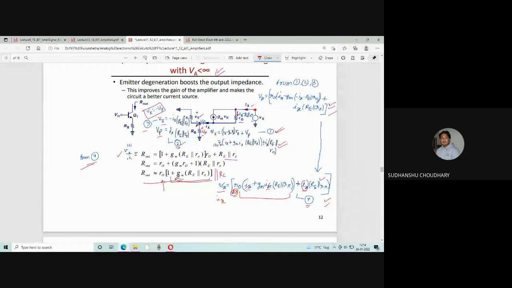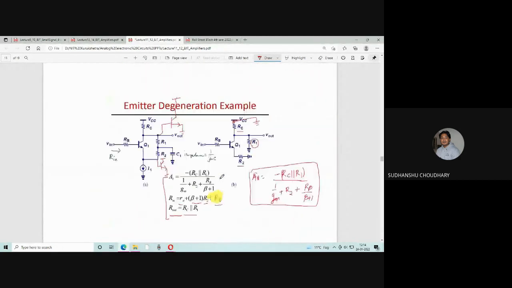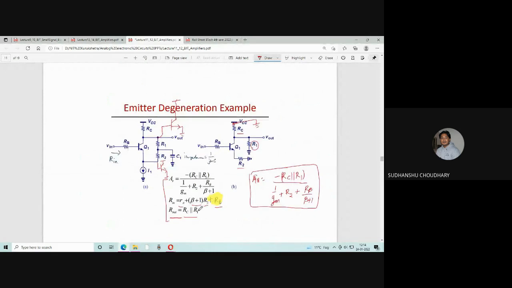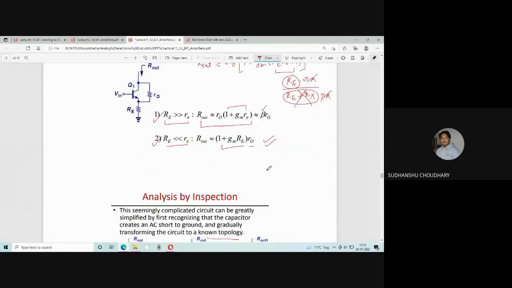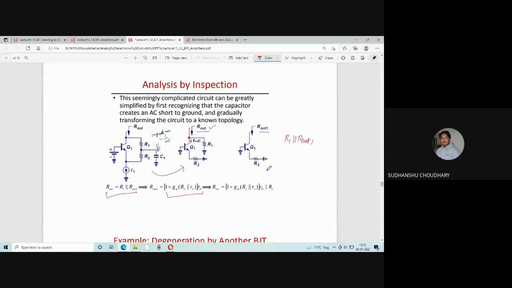So Rout we had already calculated, this one, or maybe here. So one can simply write Rout1. Then from Rout1 one can find out Rout by simply connecting R1 in parallel to Rout1.